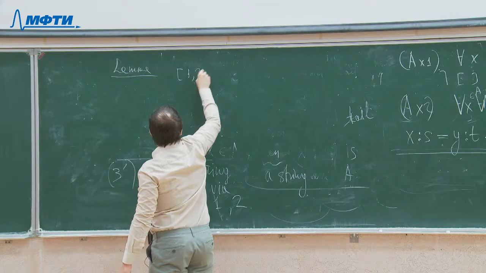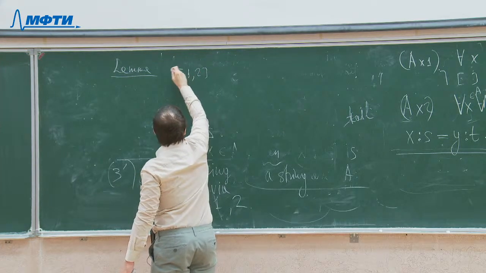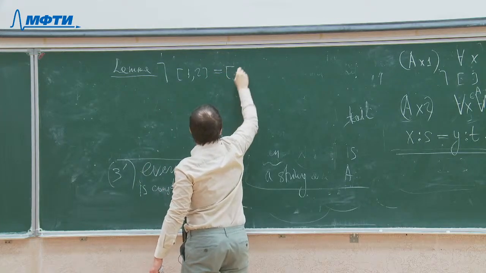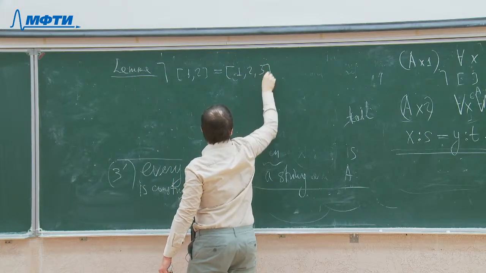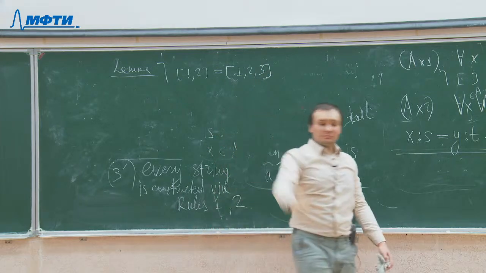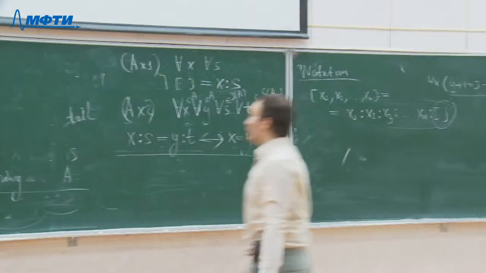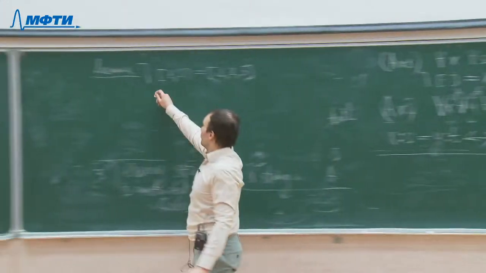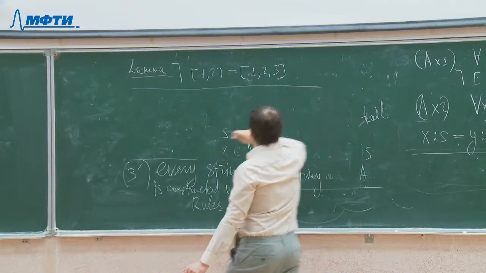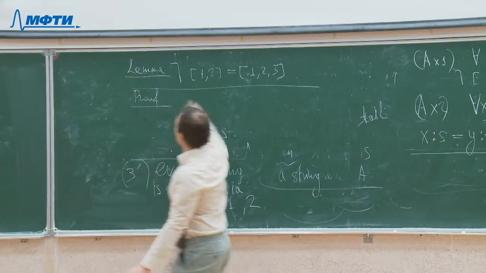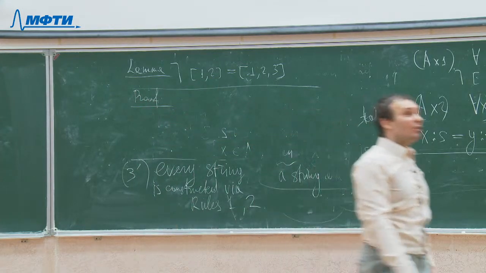This string 1, 2 is not equal, it is not the case that this string is equal to this one. Some students ask me for new examples of proofs. Now we have a chance to construct such an example. How is it possible to prove that these two are not equal?